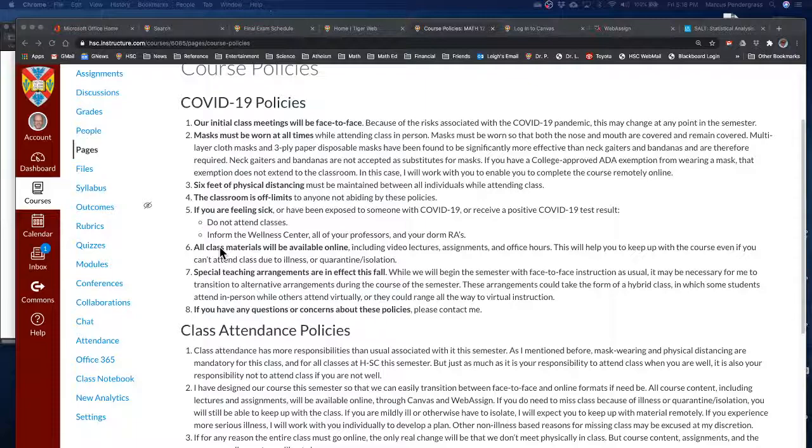In that case, you'll still be able to keep up with the class if you're in isolation or for some other reason can't attend. All the assignments will be available, all the lectures and course content will be available. And even if the whole class has to go online, those same mechanisms will enable us to continue.